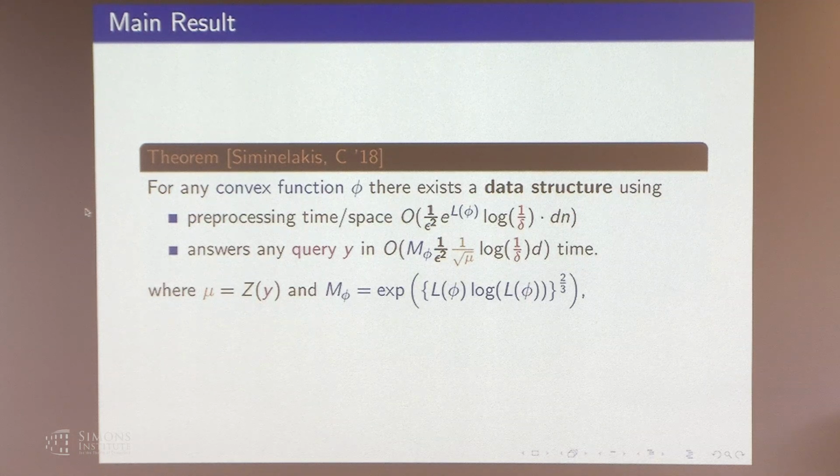There's also some dependence on this function phi. This dependence is a little ugly, so I've sort of tried to hide it. There is this dependence here in the query time, and this dependence here in the preprocessing time.